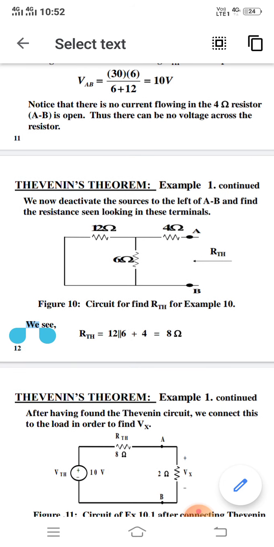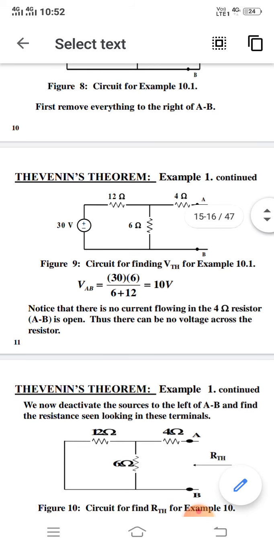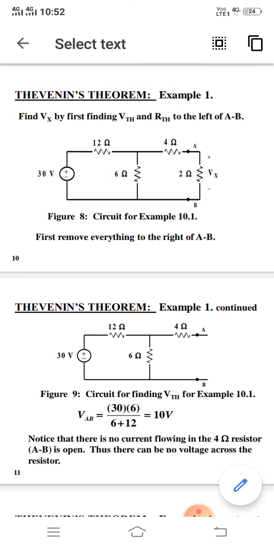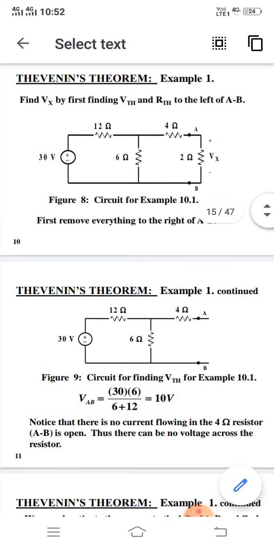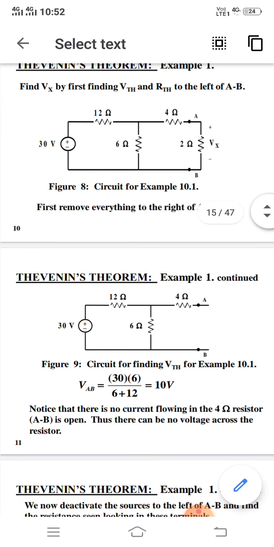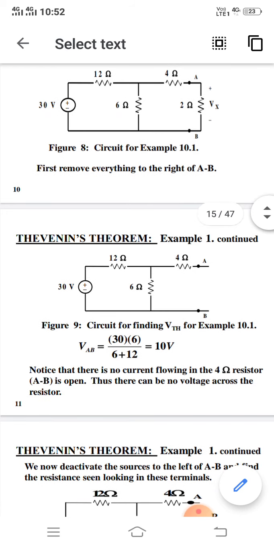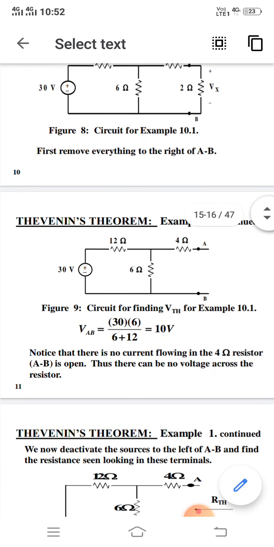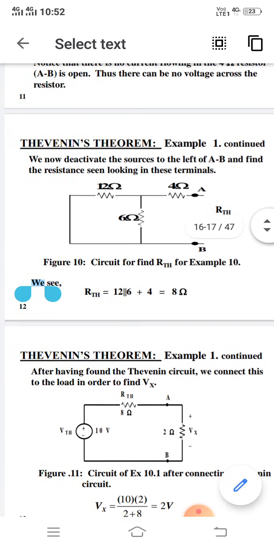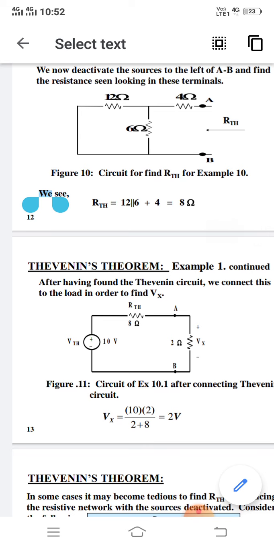Here one more step is waiting to get the Vx value. So we take VTH and RTH from the given network. Now we replace the network with the VTH and RTH values, along with the 2 ohm resistance Vx, because now we need to derive across the 2 ohm resistance. The 2 ohm resistance is important in this calculation.